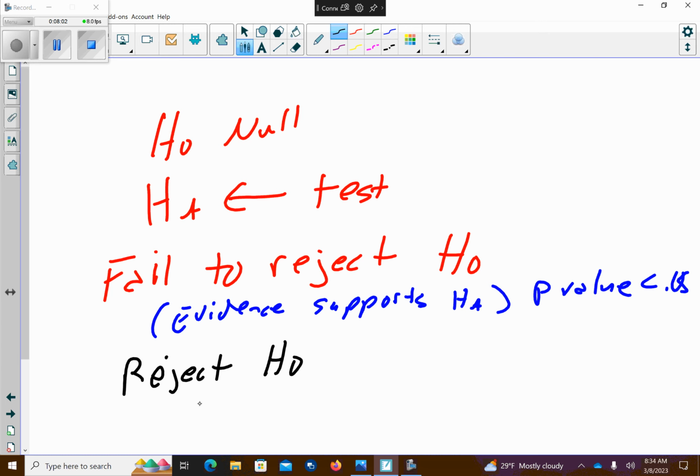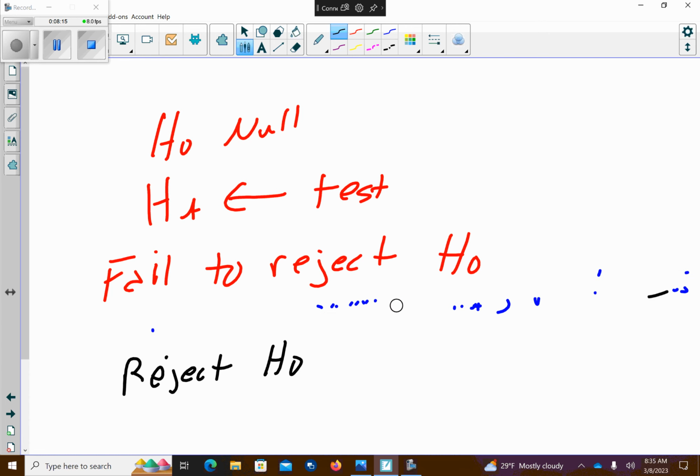Okay, so this tells us that fail to reject the null. Oh, I went backwards. I'm so sorry. So if we fail to reject the null, that means we are accepting the null. That means our p-value was greater than 0.05.